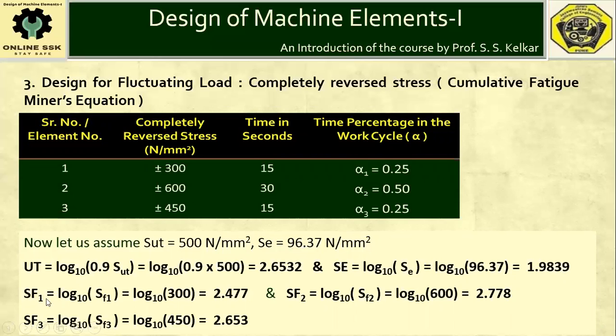Now capital SF1 will be equal to log to base 10 of SF1. This S suffix F1 is 300, S suffix F2 is 600, and S suffix F3 is 450. So with log to base 10 of these values, we can calculate capital SF1, capital SF2 and capital SF3.